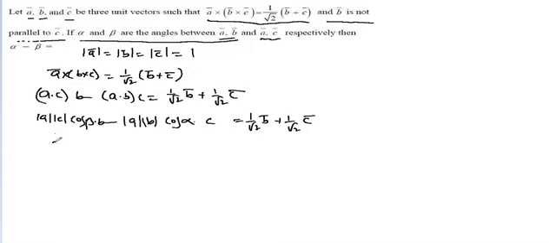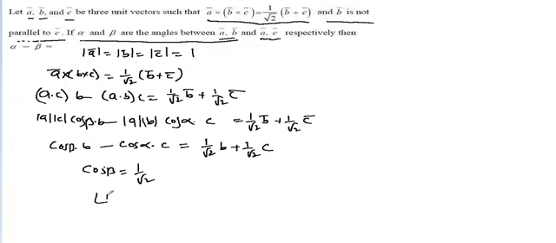Here mod A mod C is 1, so cos beta into B minus cos alpha into C is equal to 1 by root 2 into B plus 1 by root 2 C. Equating the coefficients of B, cos beta is equal to 1 by root 2. That means angle beta is equal to pi by 4.